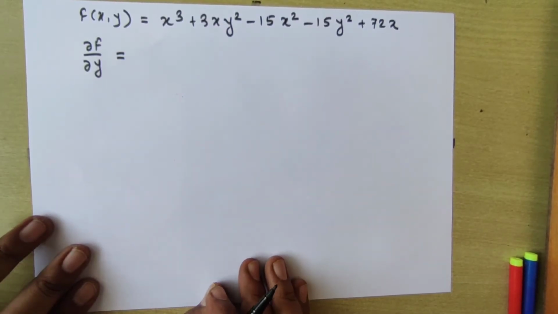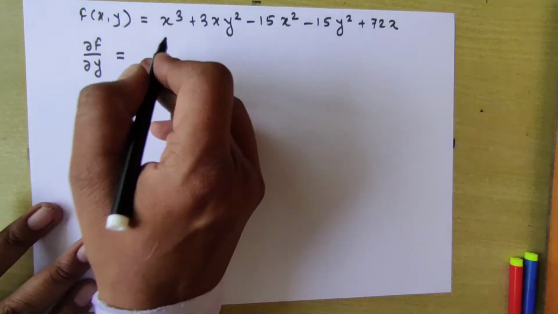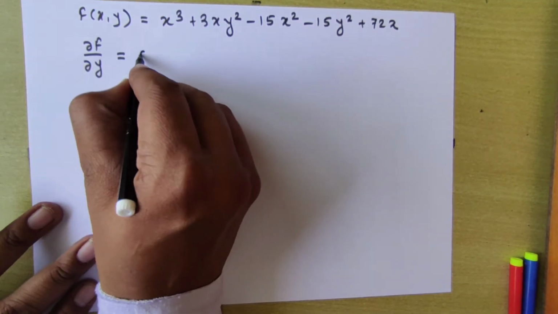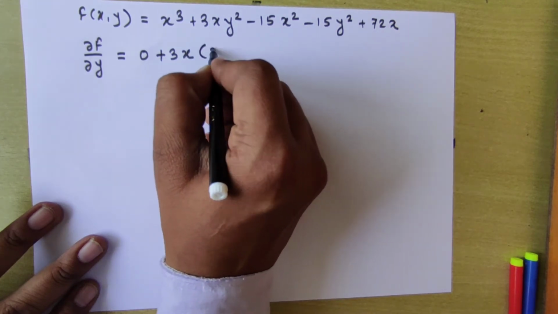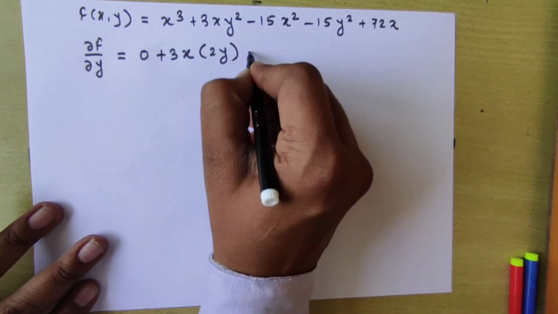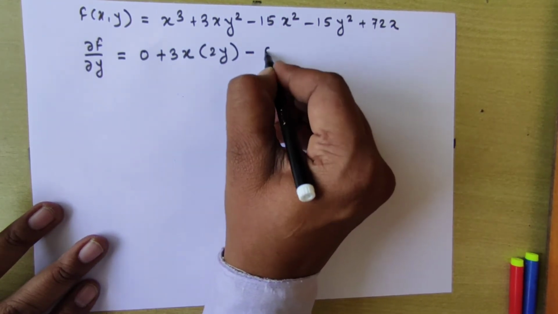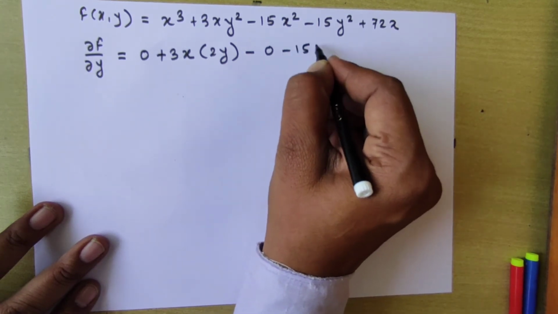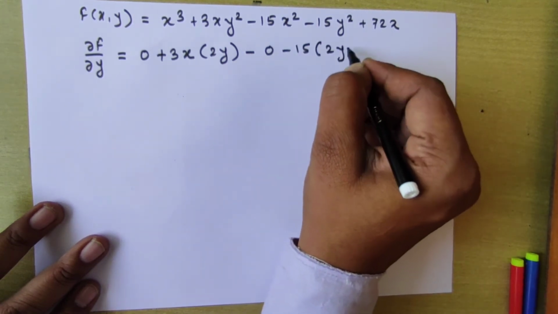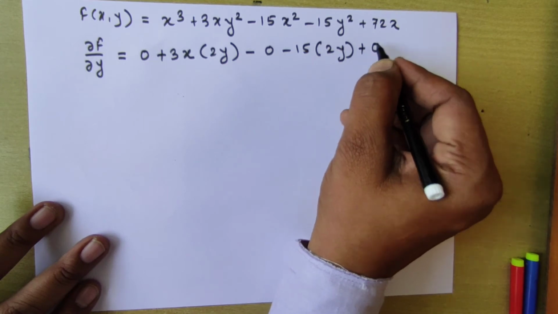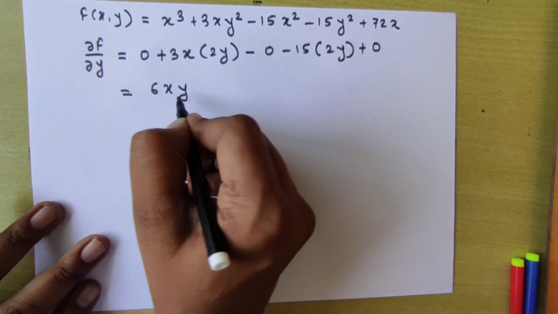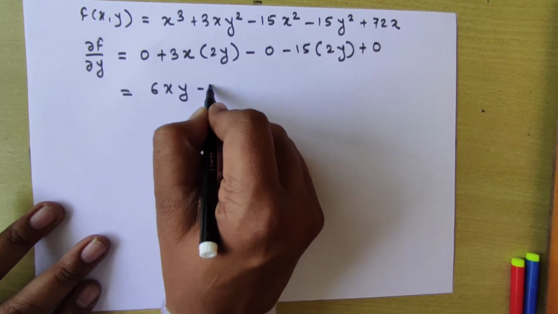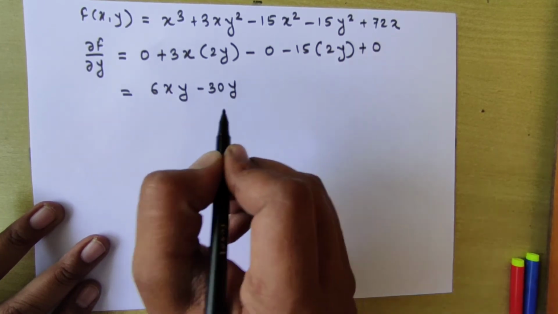Now again differentiating the function with respect to y, the derivative of x cube is 0, plus 3x outside, the derivative of y square is 2y, minus the derivative of 15x square is 0, minus 15 times the derivative of y square is 2y, plus the derivative of 72x is 0. So we get 6xy minus 30y.